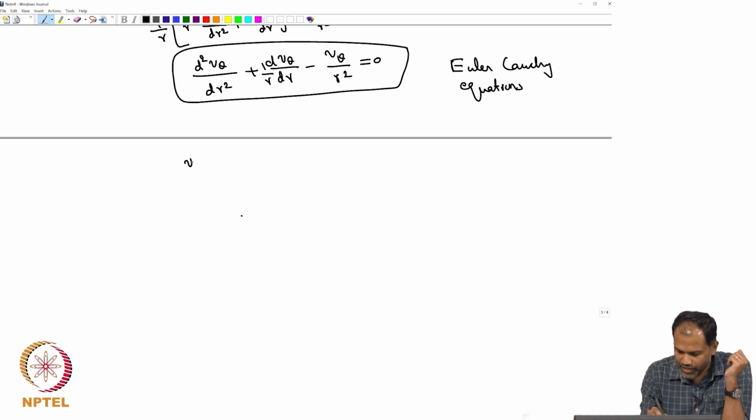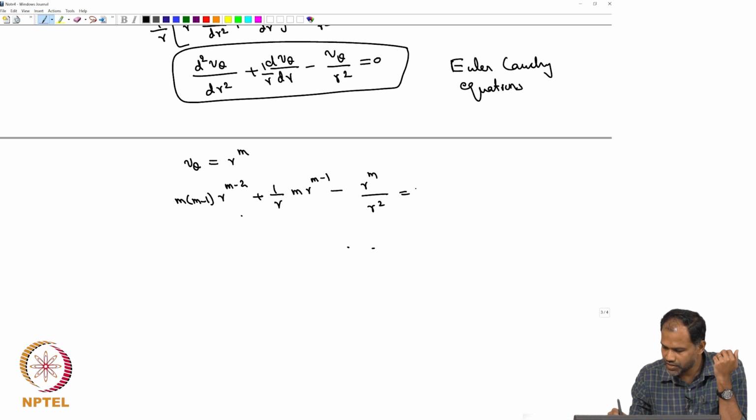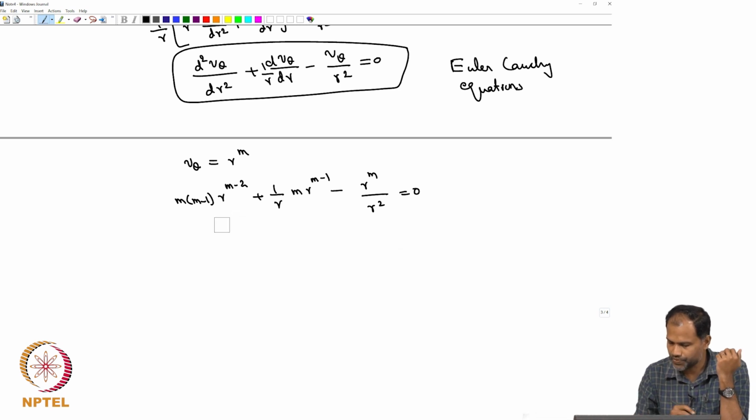So, if you say that v theta is actually given by r to the power of m, then if you substitute, d square v theta by dr square is m into m minus 1 into r to the power of m minus 2, plus 1 over r into m into dv theta by dr, r to the power of m minus 1, minus v theta, r to the power of m by r square, is equal to 0.